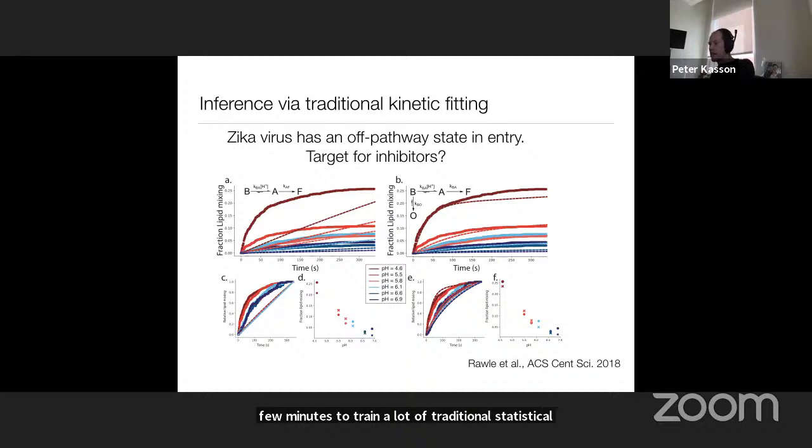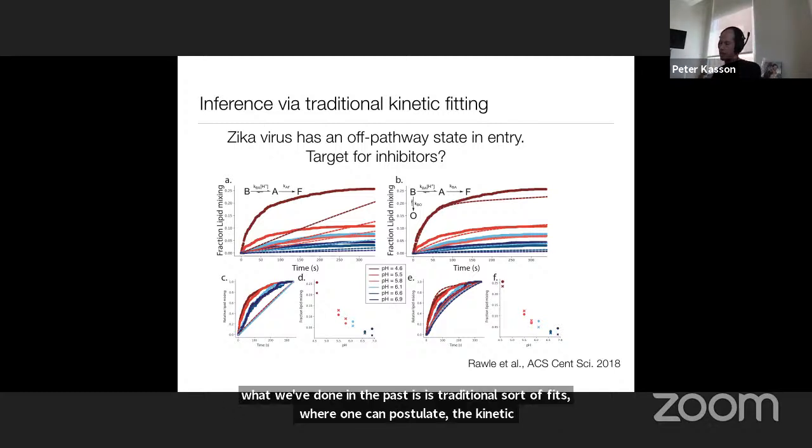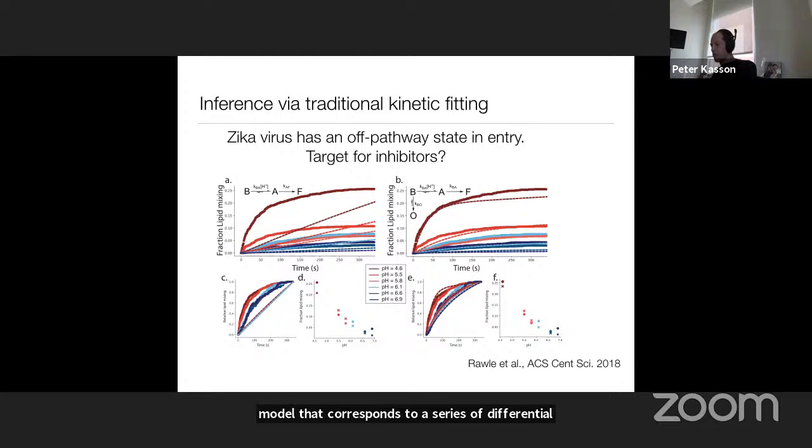What we've done in the past is traditional fits, where one can postulate a kinetic model that corresponds to a series of differential equations and perform inference-based fits of these models.